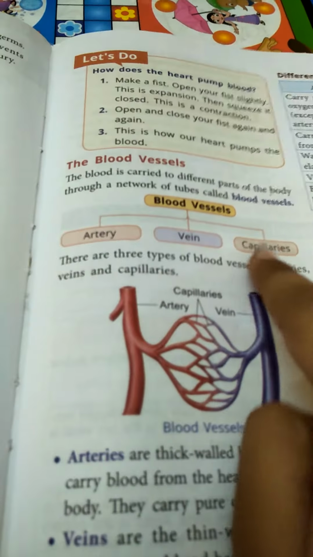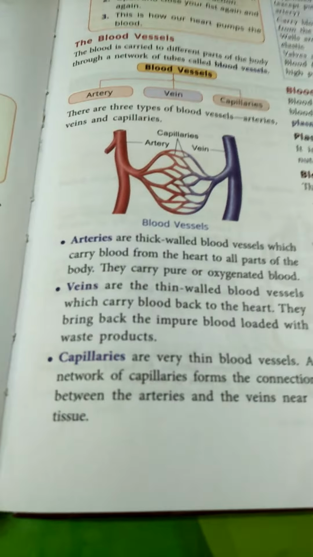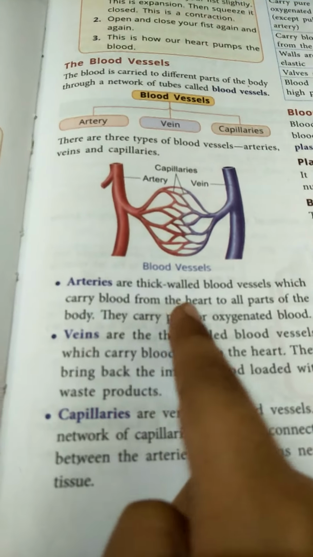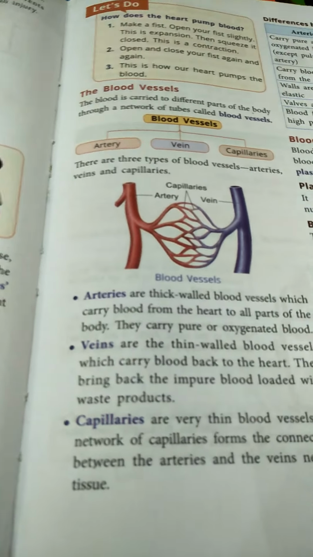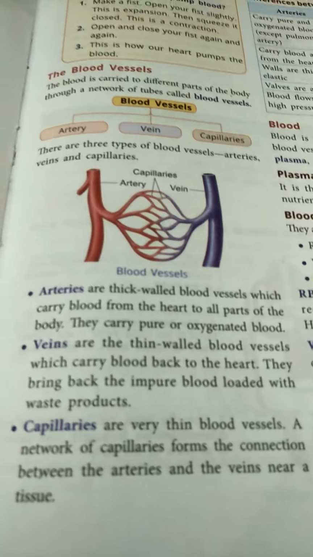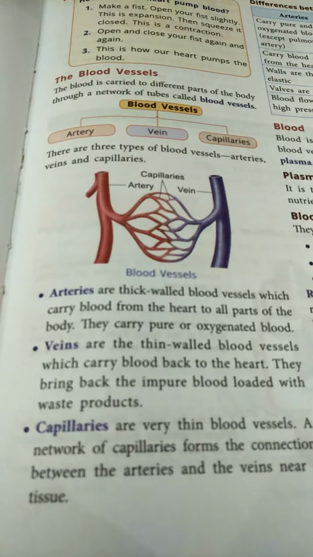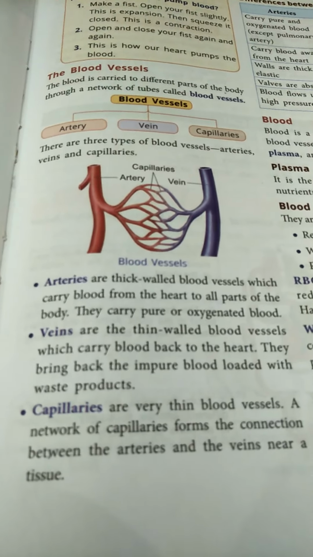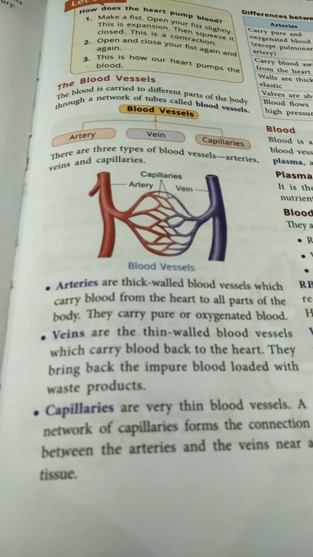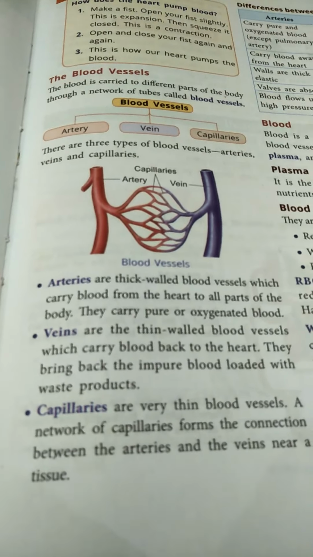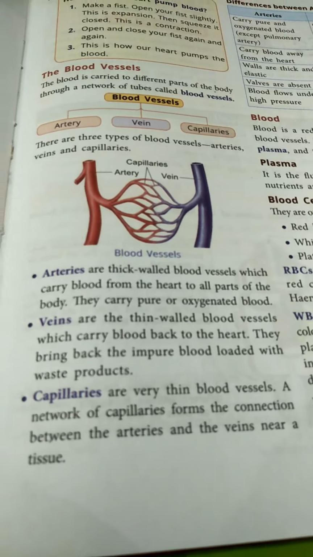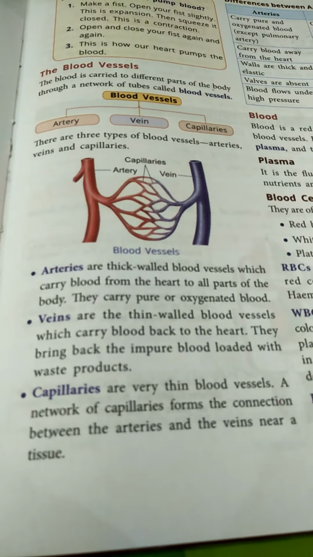Here you have a graph of blood vessels. Arteries are thick-walled blood vessels which carry blood from the heart to all parts of the body. They carry pure, oxygenated blood. Veins are thin-walled blood vessels which carry blood back to the heart.